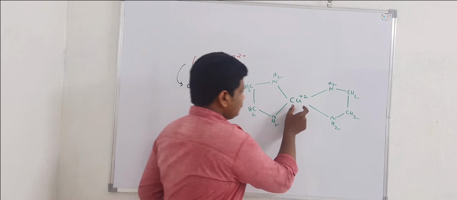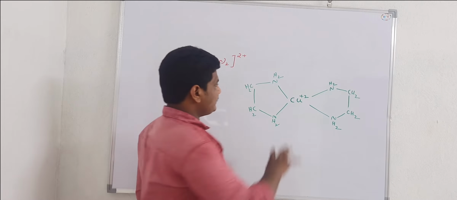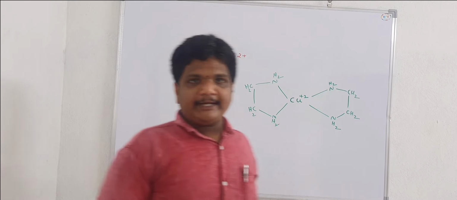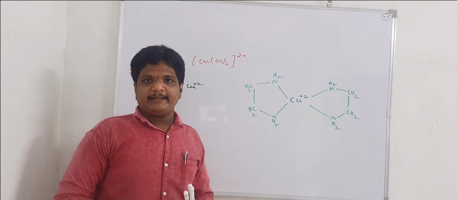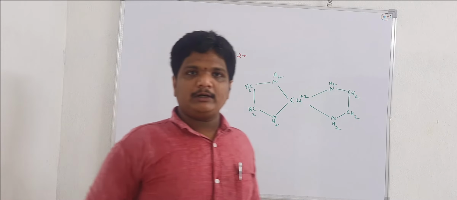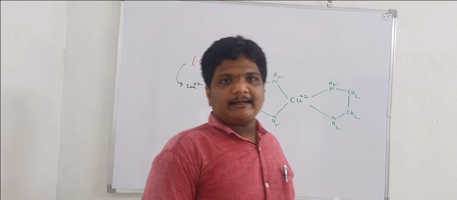Here we can observe copper plus 2 attached to the ethylene diamine bidentate ligand. Ethylene diamine is a bidentate ligand. If you see this complex, there are two kinds of nuclei which are ESR active.